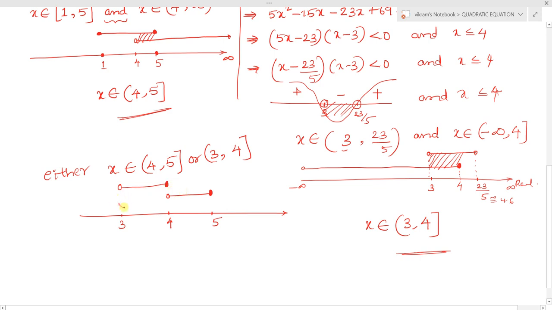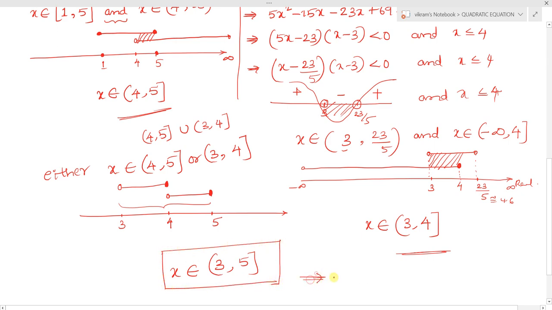Now we need to combine them, so we write (4, 5] union (3, 4]. That means the total result is x belongs to open 3 to closed 5, which can be written as 3 less than x less than or equal to 5. This is our required solution for the given inequality.